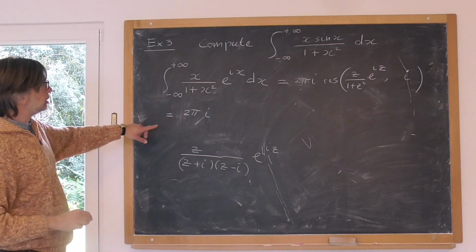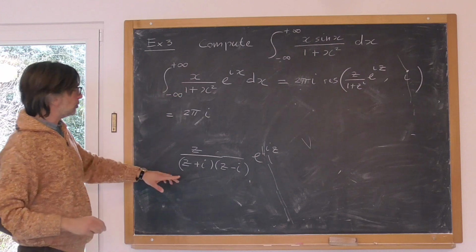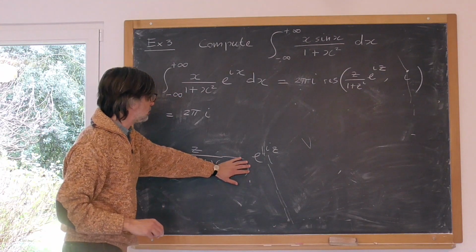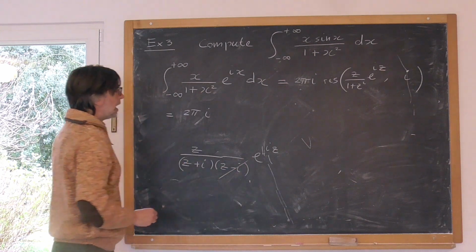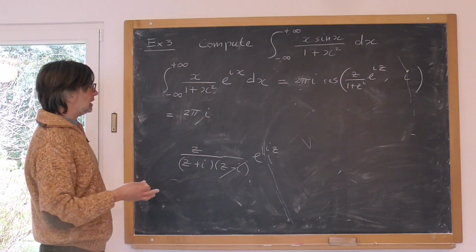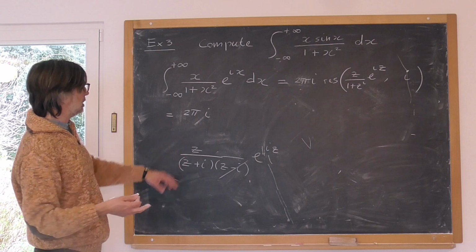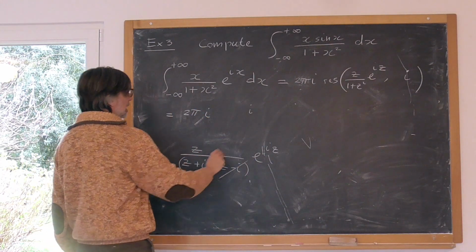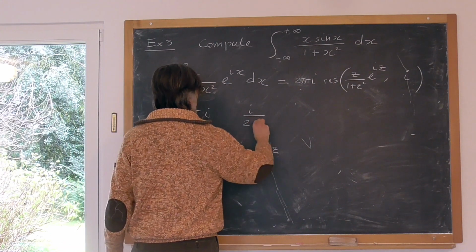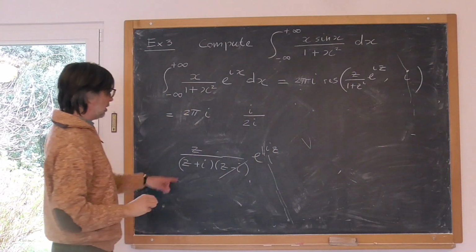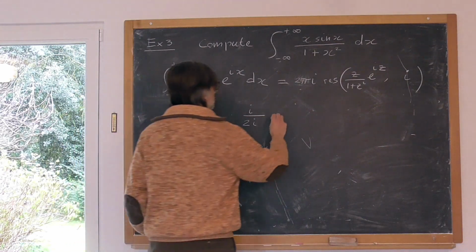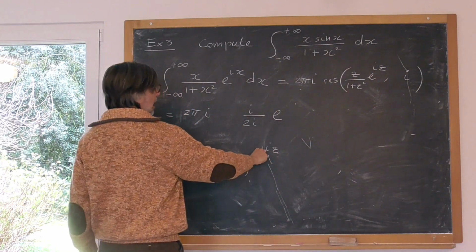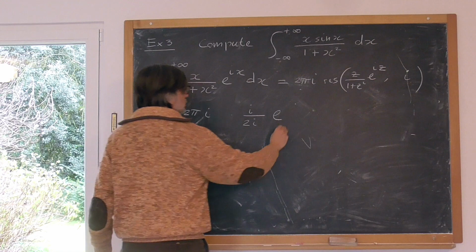To compute the residue at i, we multiply by z minus i, so this goes away, and we take the limit when z goes to i. So this limit will be i over z plus i, which is 2i, and here we have e to the i times i, which is e to the minus 1.